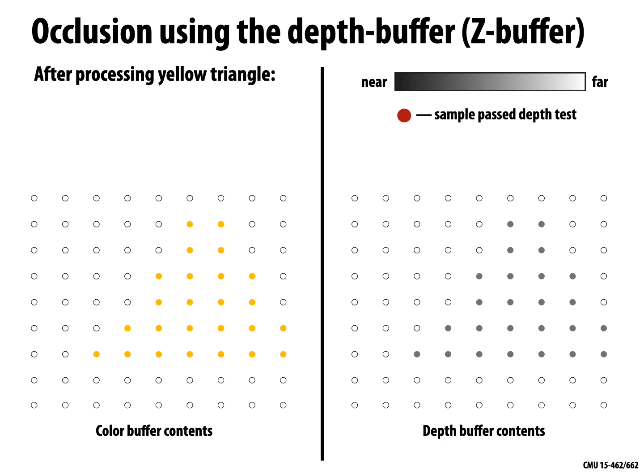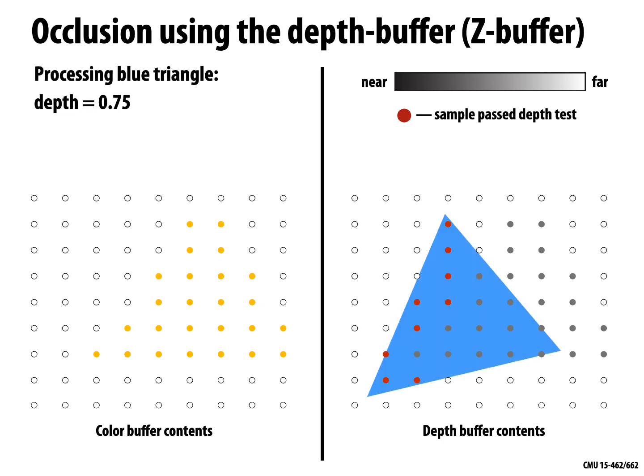So you notice these values are gray rather than white, indicating that they're a little closer. Okay, we now draw another triangle. We pick any triangle we like, doesn't matter which order. And this triangle is a bit further away than the yellow triangle. So what you notice here is that only some of the samples marked with the red dots pass the depth test. The other samples in this triangle are closer than the values at infinity, but they're further away than the first yellow triangle that we drew.